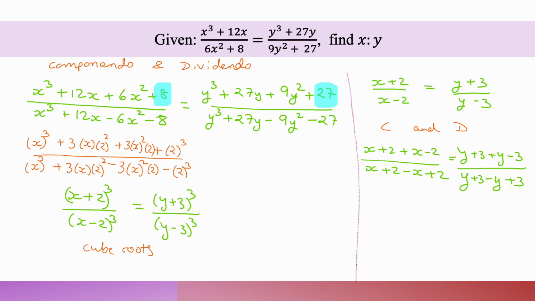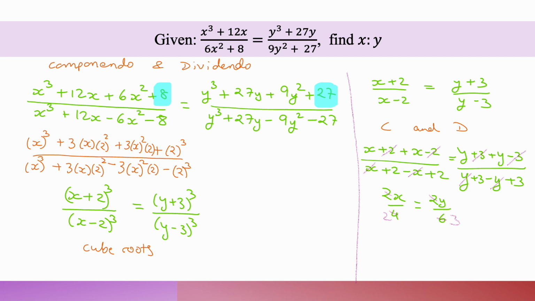And on simplifying this, we are left with 2x upon 4 is equal to 2y upon 6. Now first simplifying this fraction to the simplest form, we get x upon 2 and y upon 3.